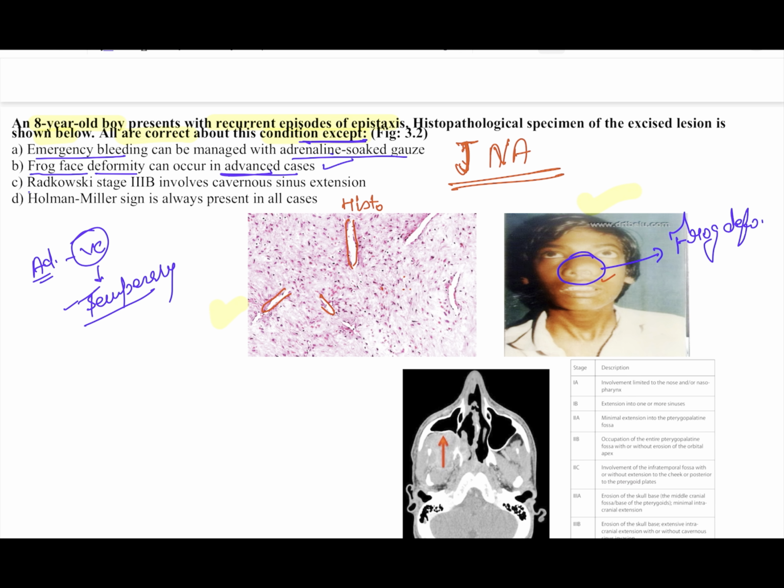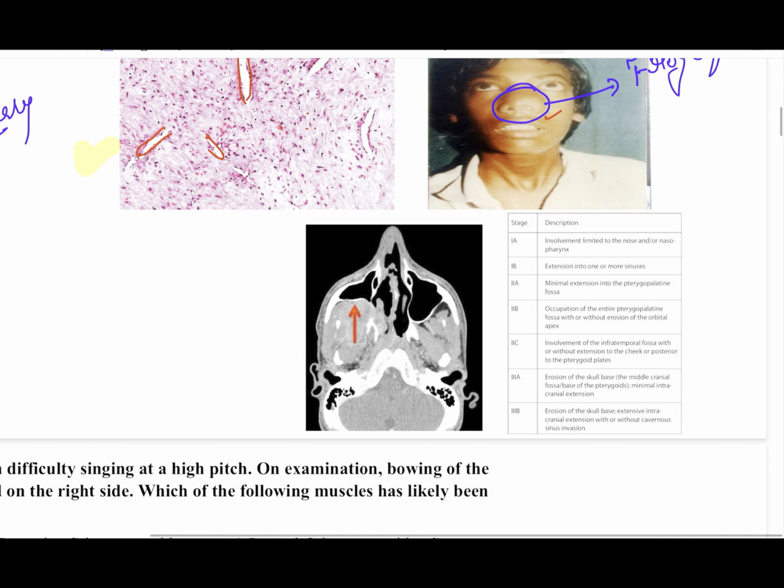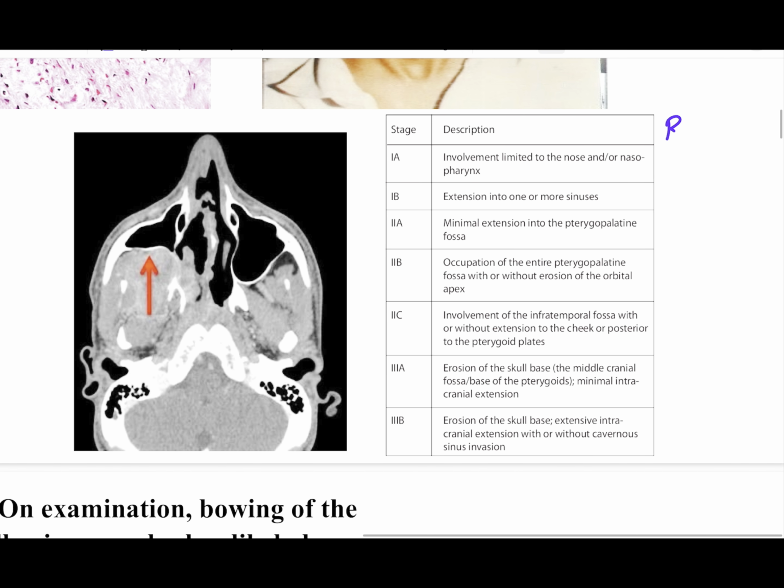The third option is saying Radkowski stage 3 involves cavernous sinus extension. Here I have added the Radkowski staging. It has 3 stages. Okay?